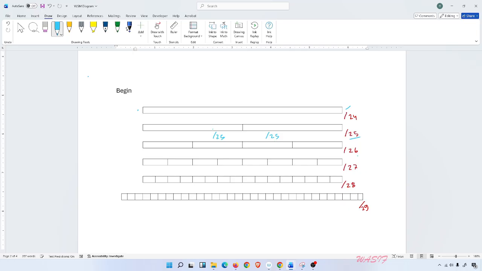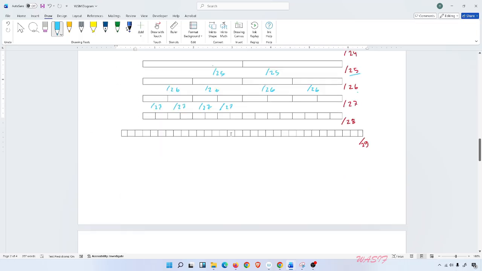Now when you get to /26, each /25 is divided into halves. Each of them is /26. When you again make it /27, they get divided into halves, so all of them get divided as /27. Likewise in /28, again it gets divided into halves, and then /29.